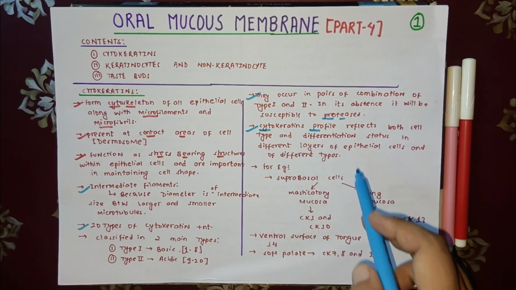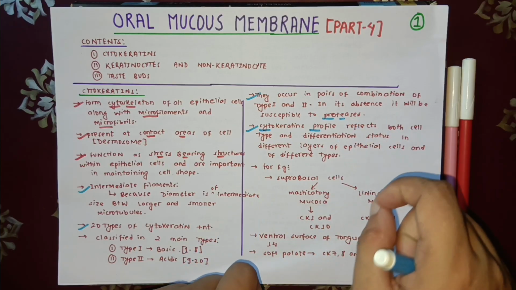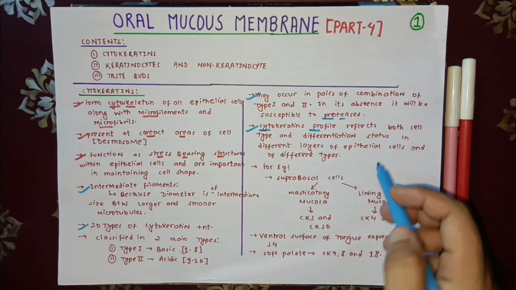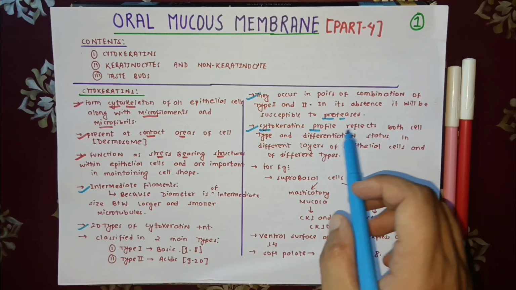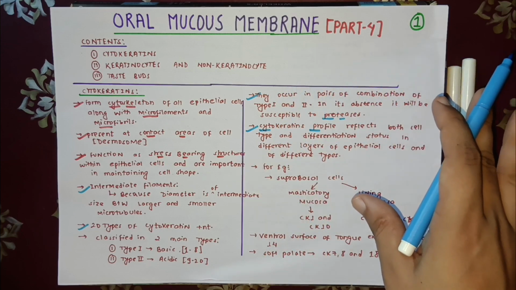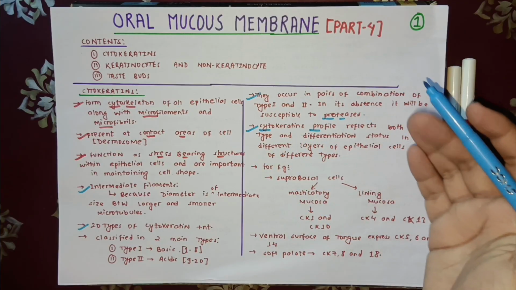This is very important. This line wants to tell us that the cytokeratin profile tells us the status of differentiation of the cells in a particular layer or in different layers of the epithelium, and also in different types of cells.